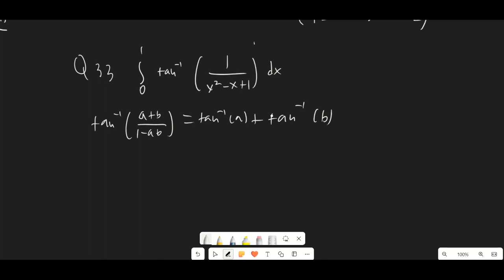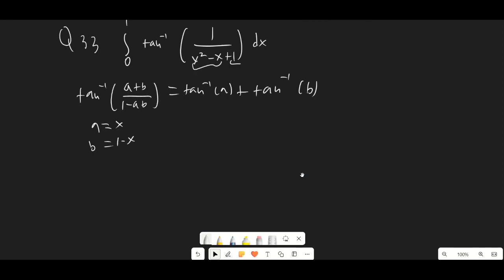And in this case, a and b, as you probably have already guessed, we have this 1 already here, so a is going to be x and b is going to be 1 minus x. And that will give us this expression right here.